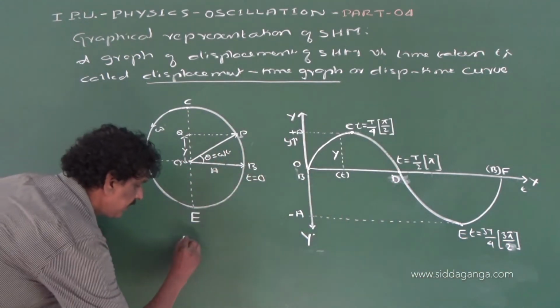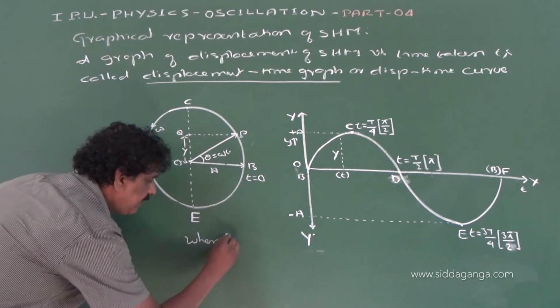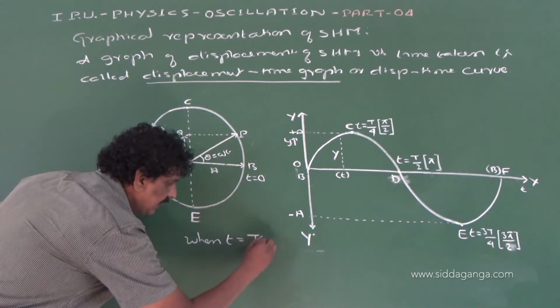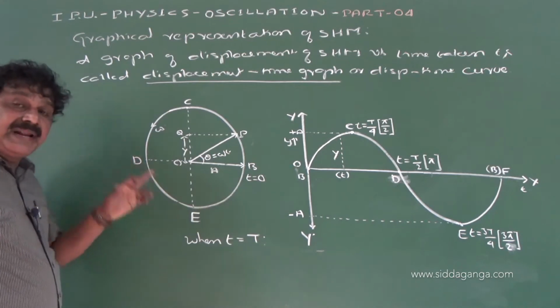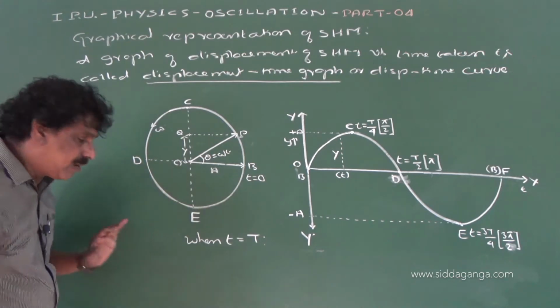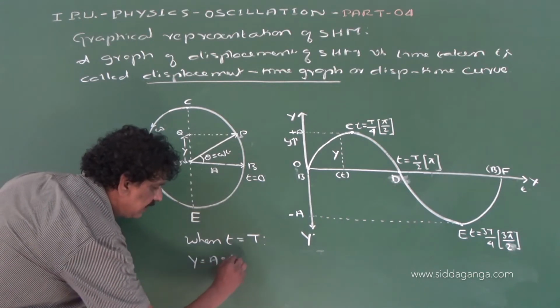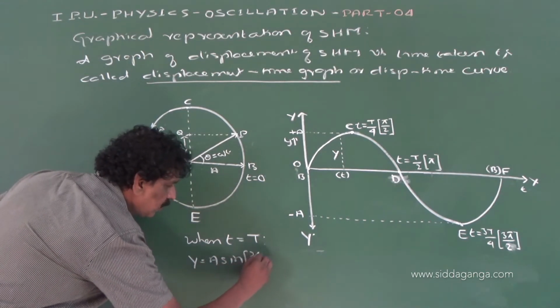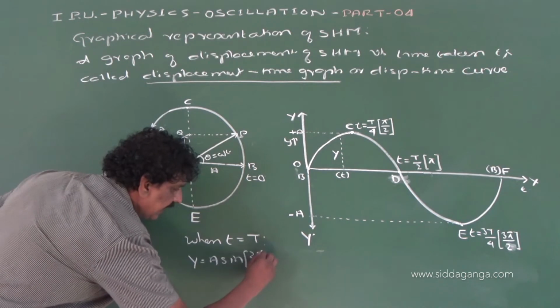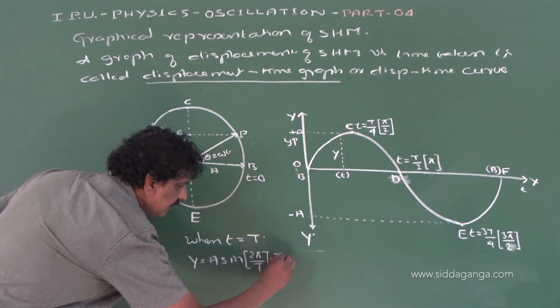Now when time t is equal to T, it has completed one simple harmonic motion. Now y is equal to a sin 2 pi by T into t.